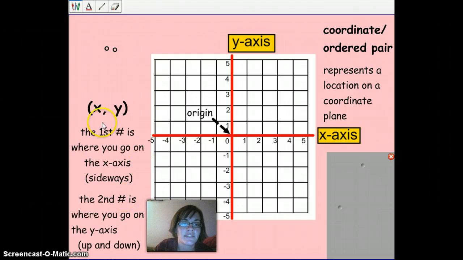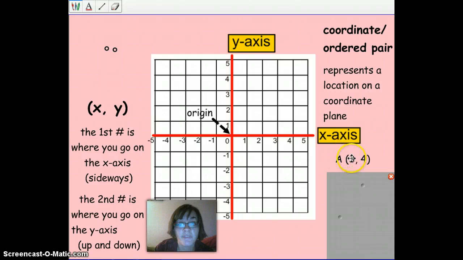It's called an XY coordinate, and the first number is where you go on the x-axis. So you start at the origin, and then your first number tells you which direction to go sideways, and then the second number tells you where to go up and down, because that's the y-axis, the y coordinate. Alright, so let's look at this coordinate right here.